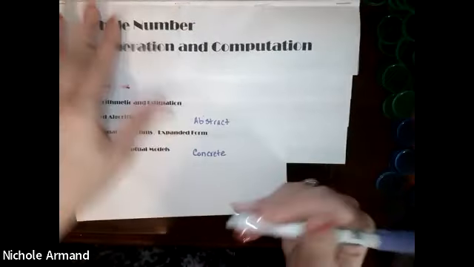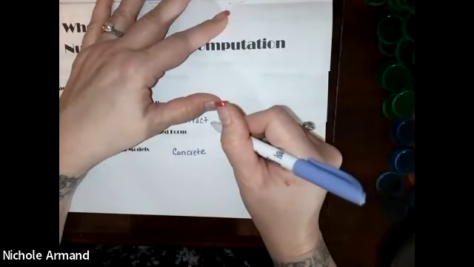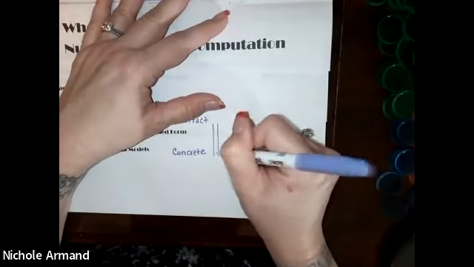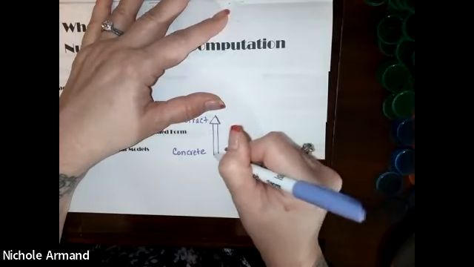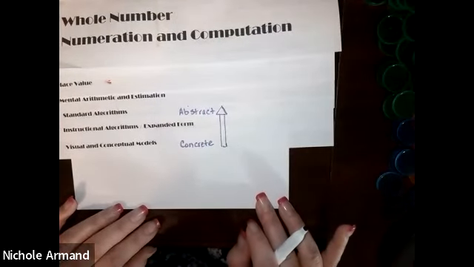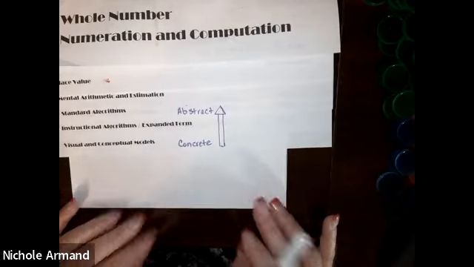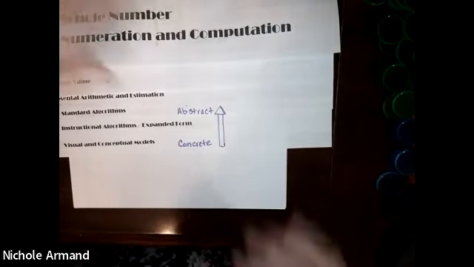We'll talk about that as we go through them. So we want to put an arrow up here, like so, to show that we are going from concrete examples to abstract examples. So let's turn to visual and conceptual models over here.